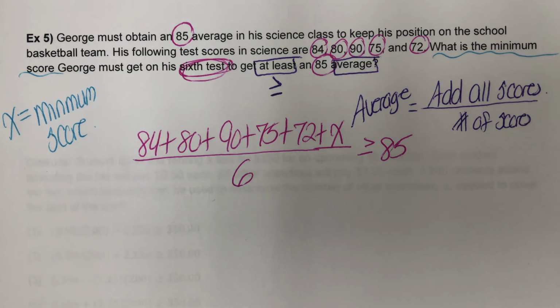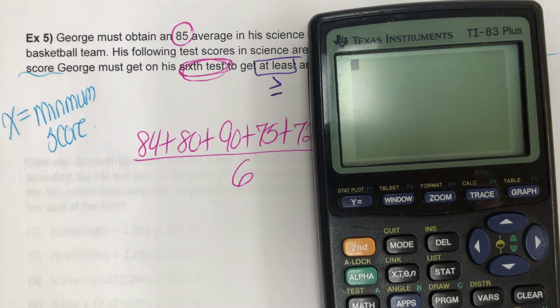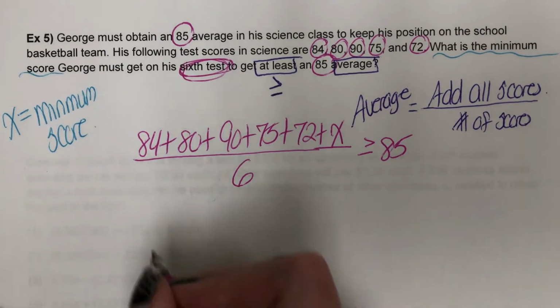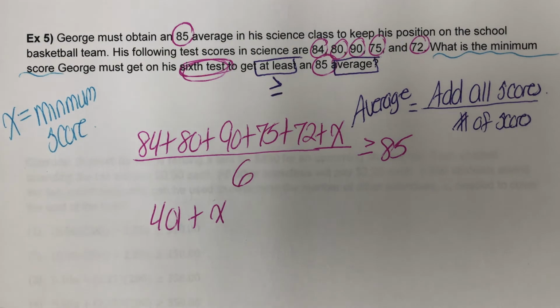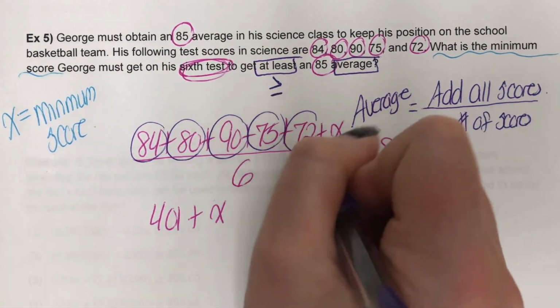All right, let's start solving this and making it a little bit simpler for ourselves. On the calculator, I'm going to do 84 plus 80 plus 90 plus 75 plus 72. Those are the 5 scores that we know he got. And I get 401. So I get 401 plus X on top, because I know all of these are like terms.